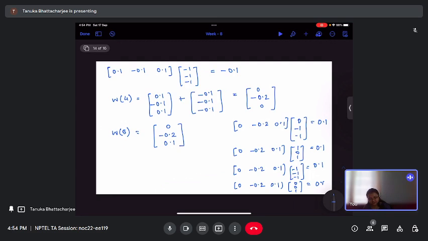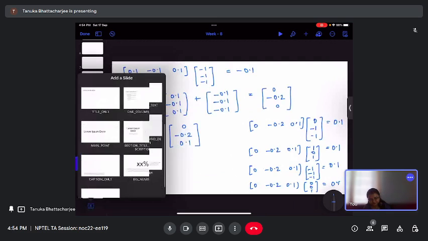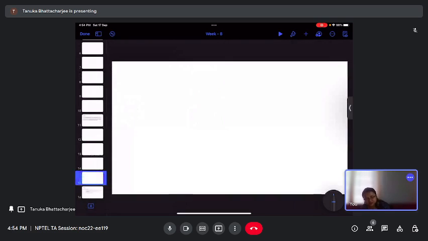So the weight vector that you got is, the W is 0 minus 0.2, that is your original W, with W naught equals 0.1, right?